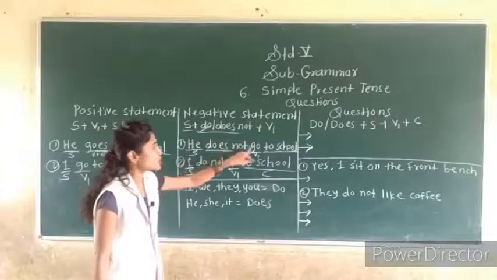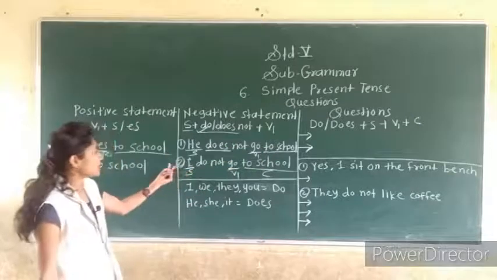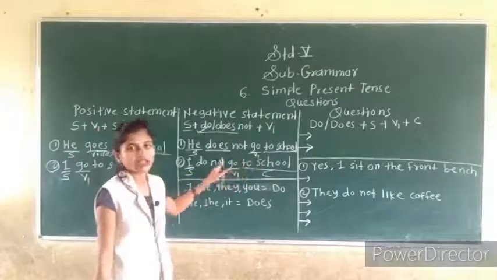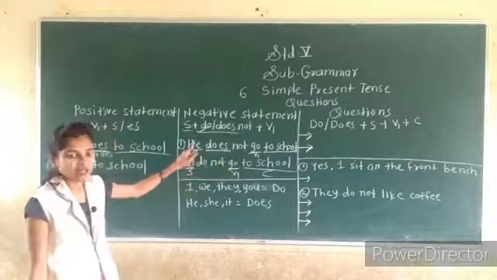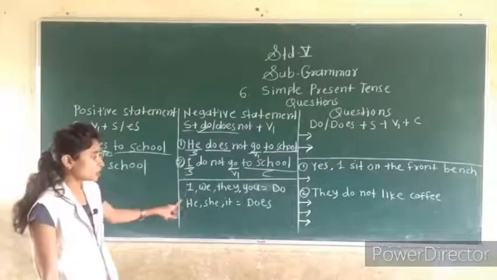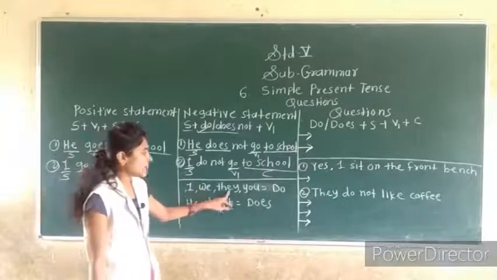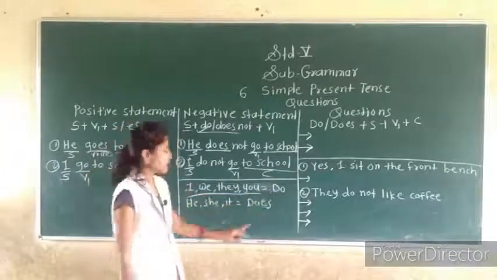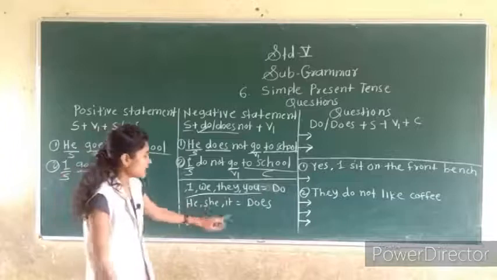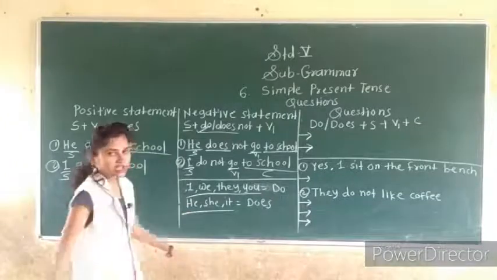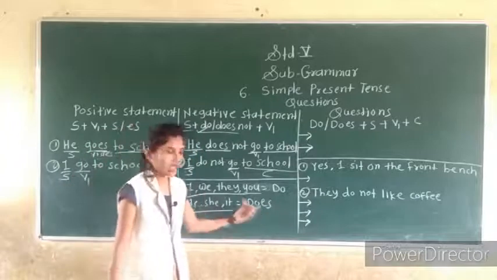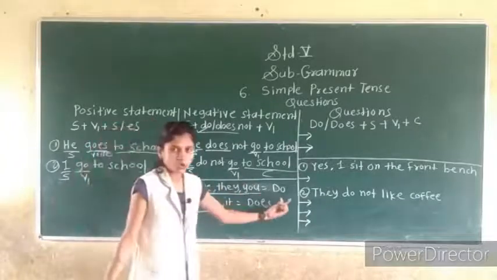So he does not go to school. Same sentence, see now, I do not go to school. That we learn in lesson number 5. Again I wrote here, see, I, we, they, you are plural, so we use do, and he, she, it are singular, so we use does. ये सब्जेक्ट होता है तब does यूज करना है, ये सब्जेक्ट होंगे तब do यूज करना है.